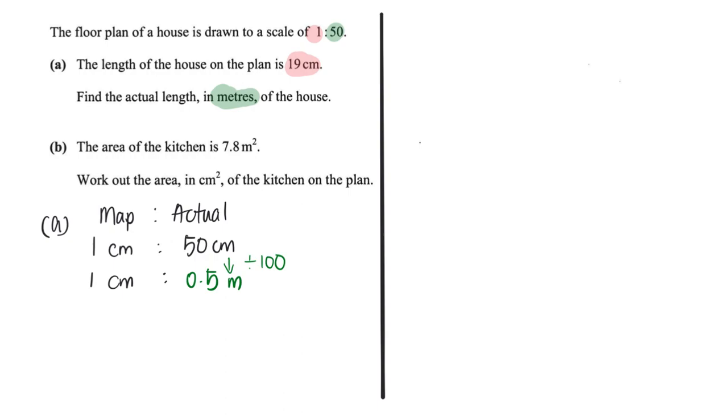And from here, now I know that on the map, 1 cm represents 0.5 meter. Then I will be able to solve for the actual length easily, because 1 cm is 0.5 meter.